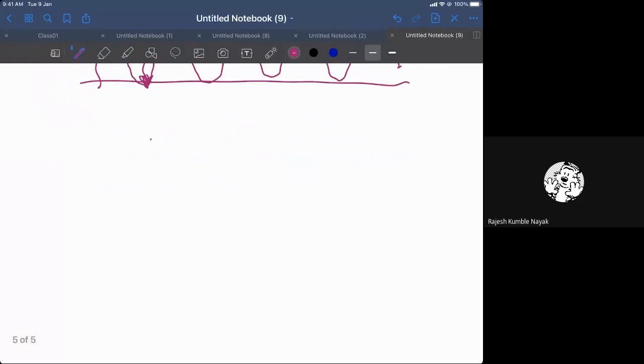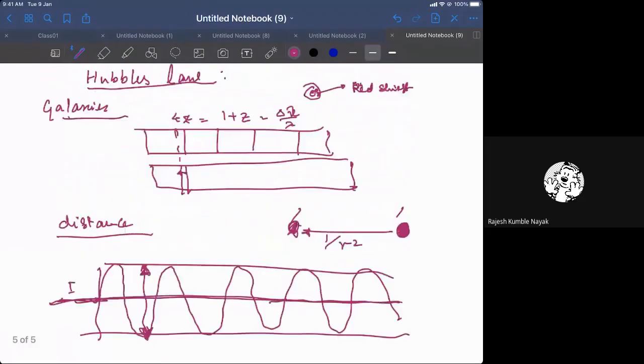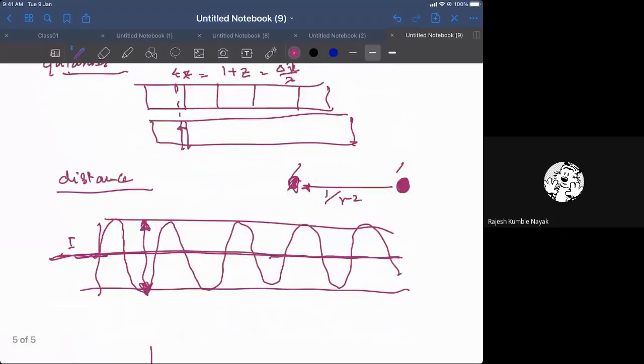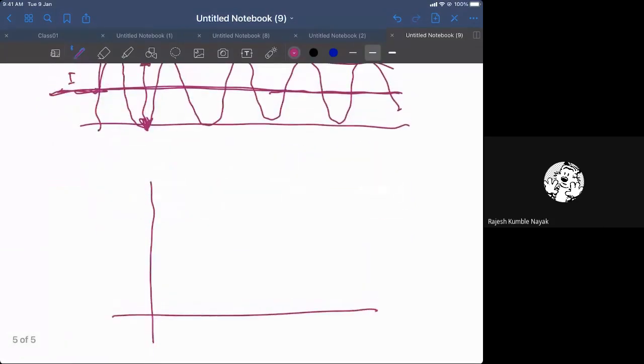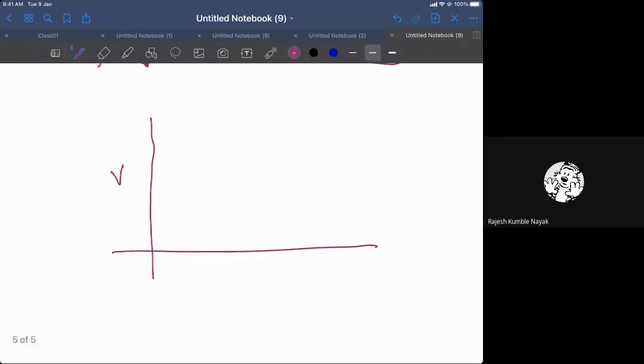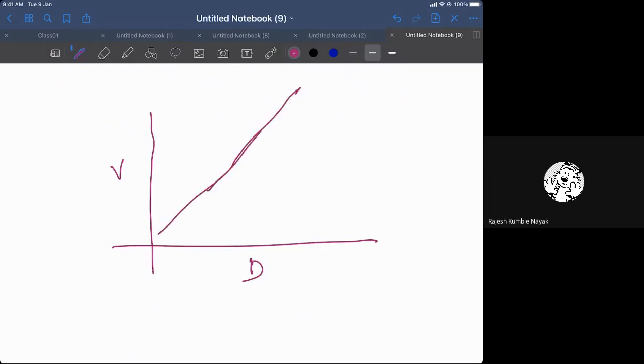Once he had the distance and the redshift, or the velocity, you can associate it with the Doppler shift, and then you have 1 plus z is equal to delta v by v. Then he plotted the velocity against the distance, and interestingly, he fit a straight line through it. These are the various points. One axis is distance and the other is velocity.